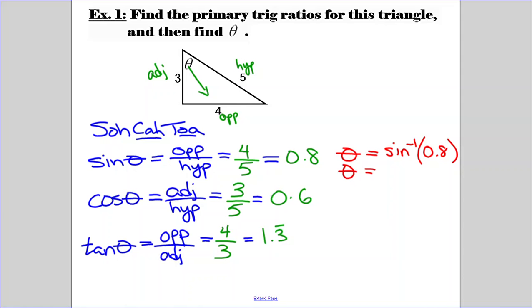The biggest thing is on your calculator somewhere it should say that you're in degrees. It'll either be a capital D, it'll say DEG, or it might even say the whole word degree. We can't be in radians or gradients, otherwise you'll get an incorrect answer. So let's figure out what sine inverse of 0.8 is.